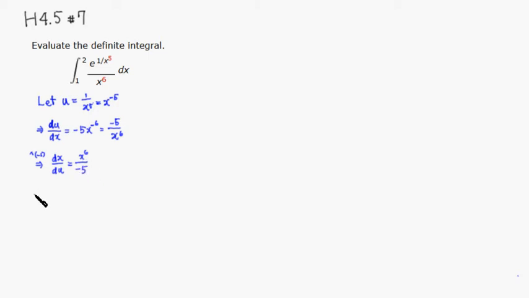Then to isolate dx, I'm going to multiply both sides by du. So dx can be written as x to the 6 over negative 5 times du.